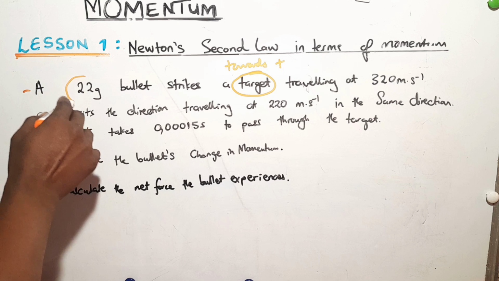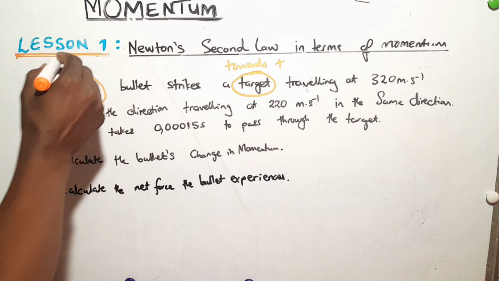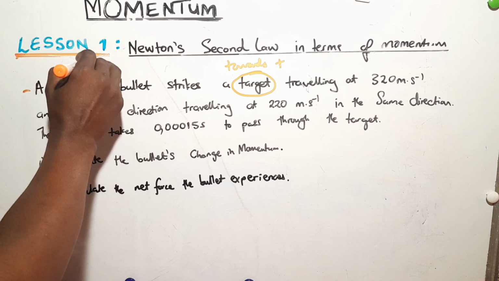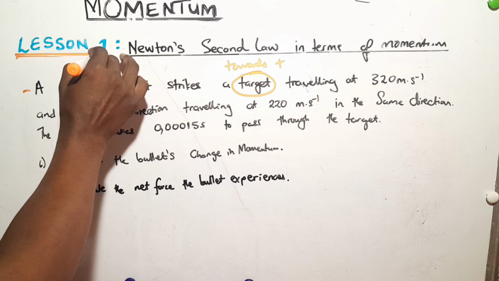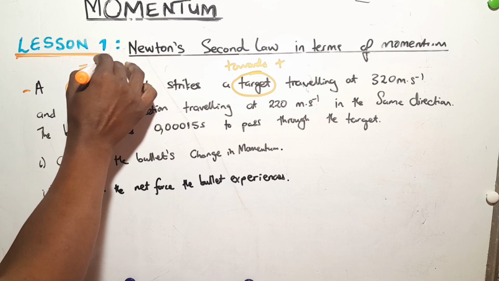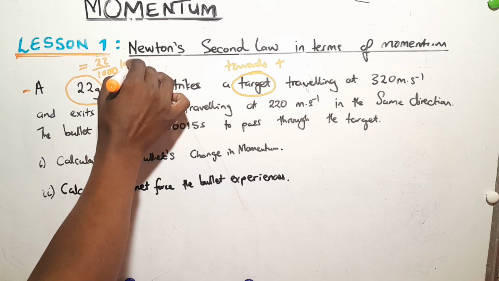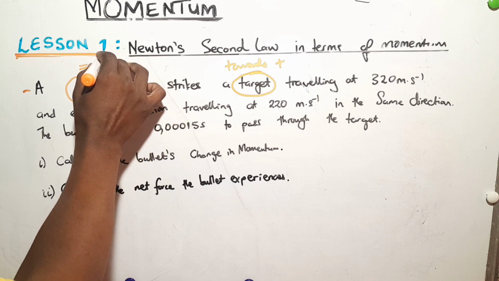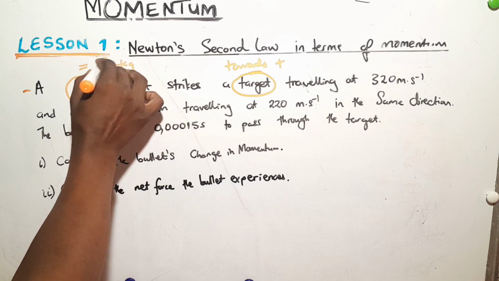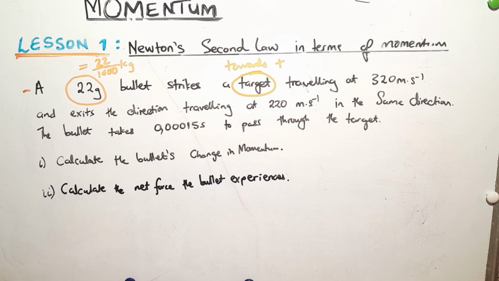And since our mass is in grams, we can change from grams to kg. So this will become 22 over 1,000 kg, right? From grams to kg, we divide by 1,000, like that.